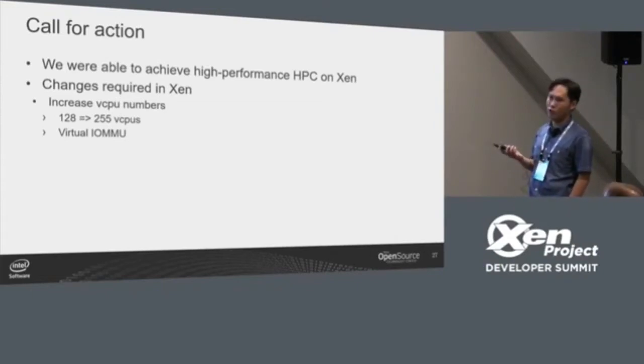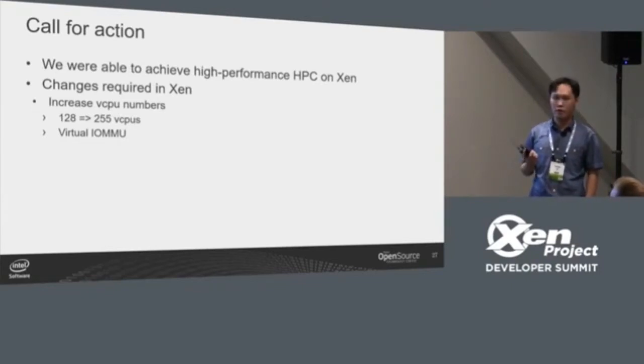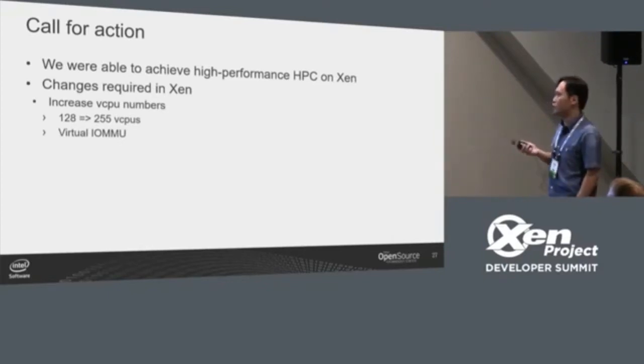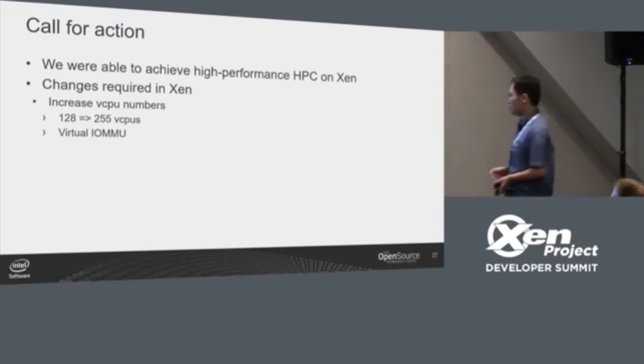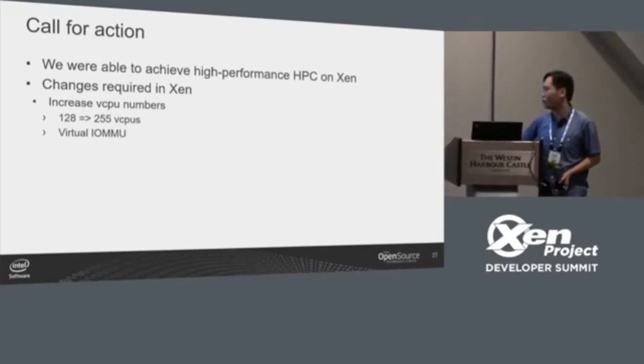And the second is virtual IOMMU. We have posted a high-level design to the Xen mailing list. We hope the community can give more input or comments to push the feature upstream as soon as possible. These two tasks can be done in parallel, since they don't have a dependency. Okay, this is all my topic.